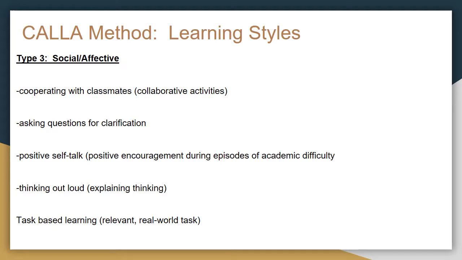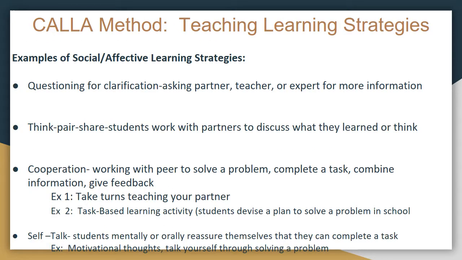It could involve thinking out loud. This would also be a social or affective strategy to explain students' thinking. Task-based learning, in which students receive problems that are relevant to the real world and real world materials and real world texts to solve that problem, would further be an example of social affective learning styles and strategies.